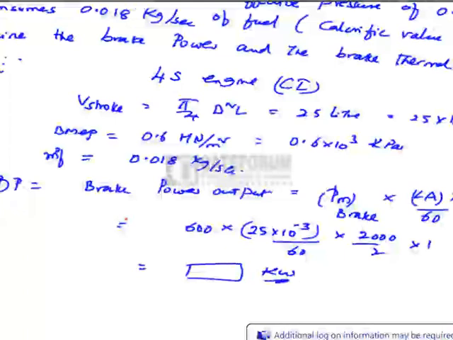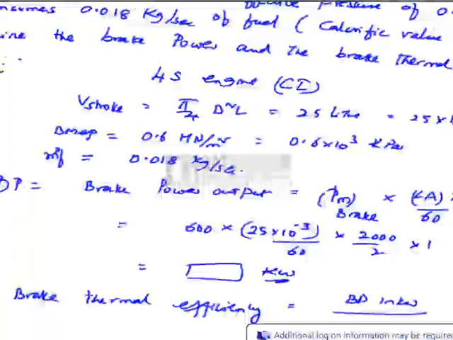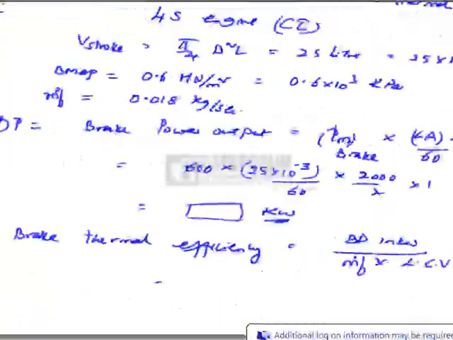Then coming to the brake thermal efficiency, which is defined as brake power output in kilowatts divided by mass consumption rate of the fuel into calorific value.